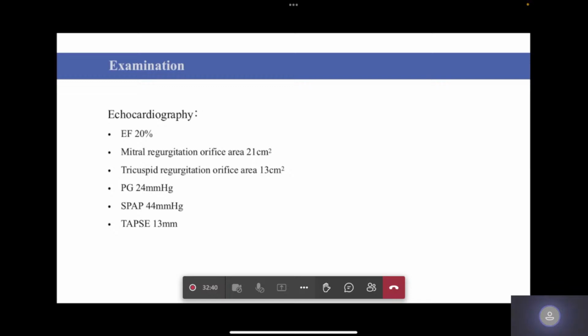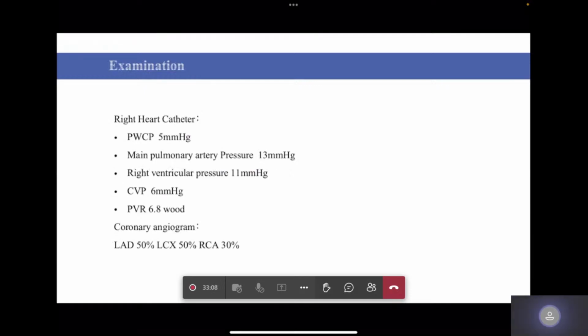The pressure gradient, PG, is 24 millimeters of mercury, and the systolic pulmonary artery pressure is 44, and the TAPSE is 13 millimeters, which reveals the contraction function of the right ventricle. And the result of the right heart catheterization is more accurate and important.